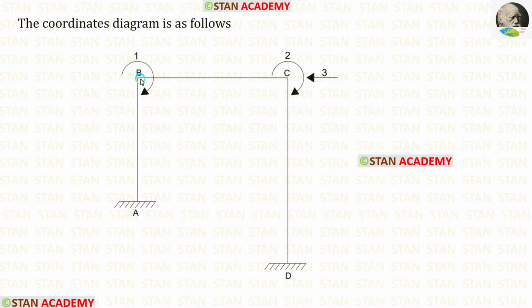At the point B, we have the slope, so let us make the first coordinate at the point B. At the point C also, we have slope, so let us make the second coordinate at the point C. The third coordinate is the sway. Since the sway occurs towards the left side, let us keep the coordinate also towards the left side.